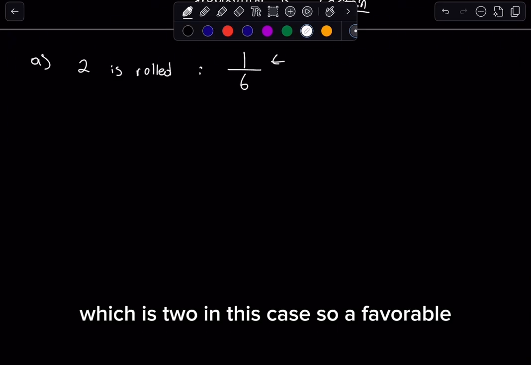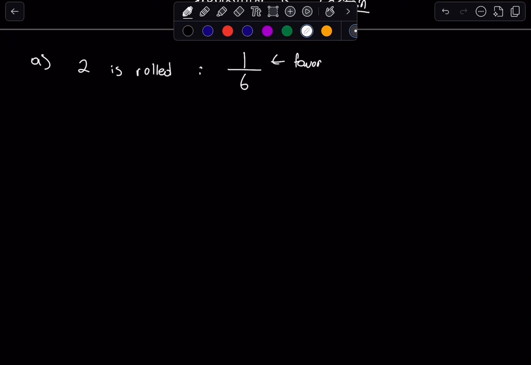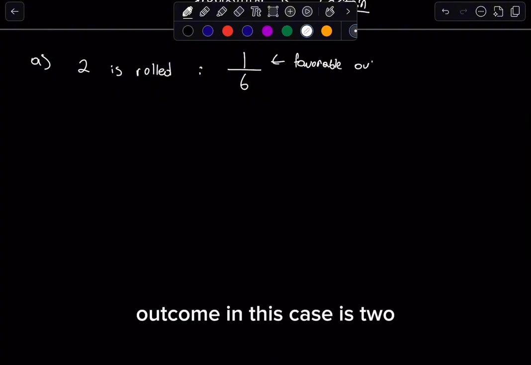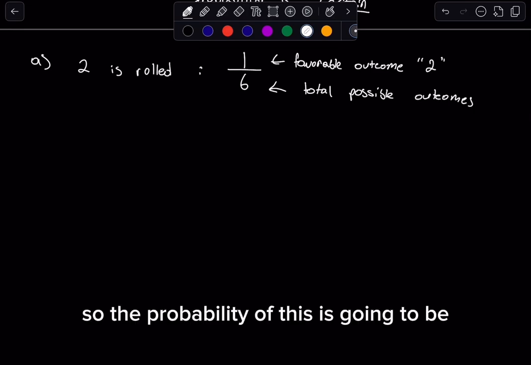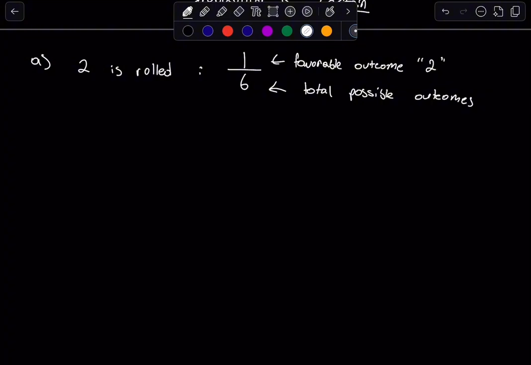So the probability of this is going to be P of 2 is 1 over 6.